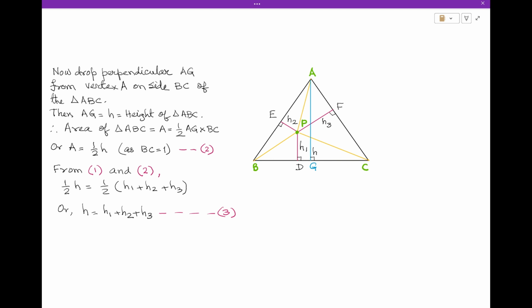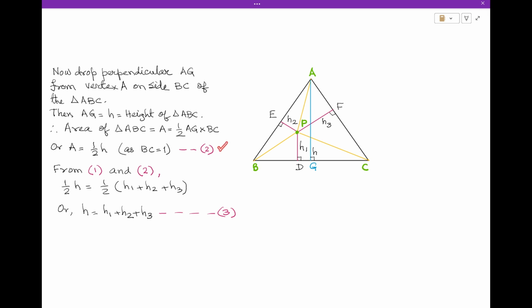Then AG is the height of the triangle, H. Therefore, the area of triangle ABC is half multiplied by height multiplied by base of the triangle ABC, that is half h into BC, but BC is equal to 1. Therefore, the area of the triangle is equal to half h. Let us call it equation 2.